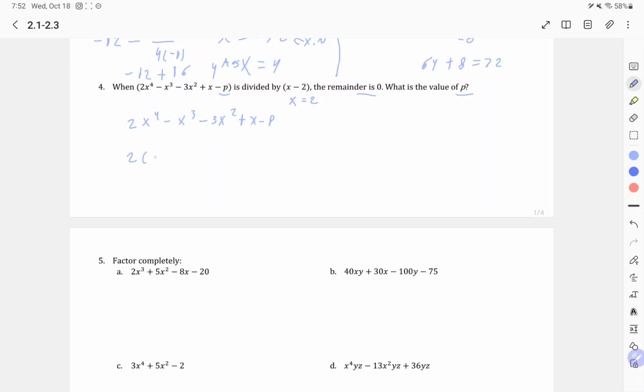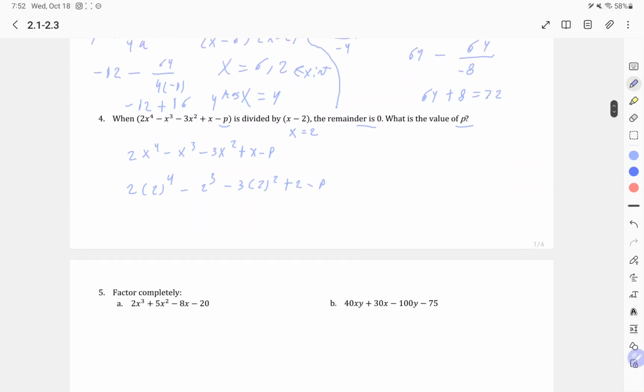So 2 times 2 to the power of 4 minus 2 to the power of 3 minus 3 times 2 to the power of 2 plus 2 minus p.